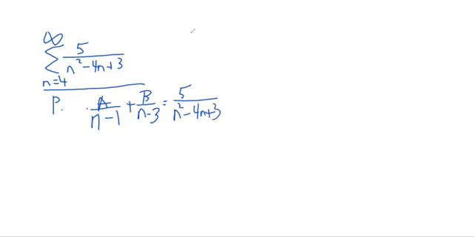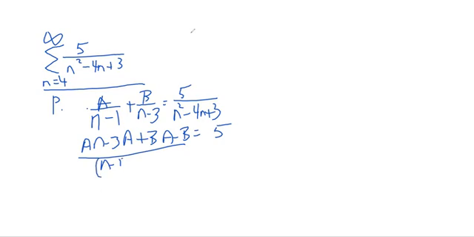So I need to make the partial sum an minus 3a plus bn minus b equals 5. You might recall that the denominators are going to cancel out in this process.